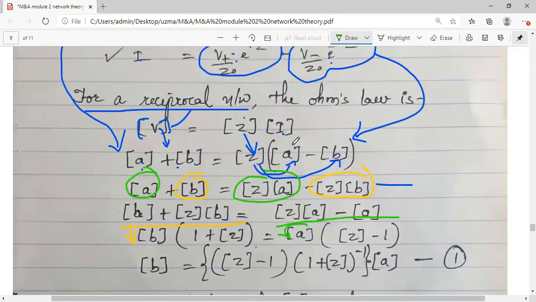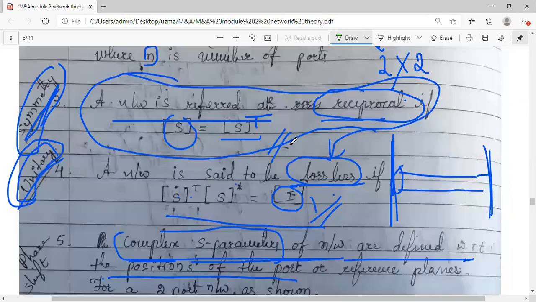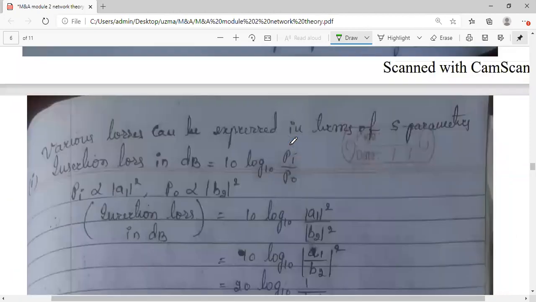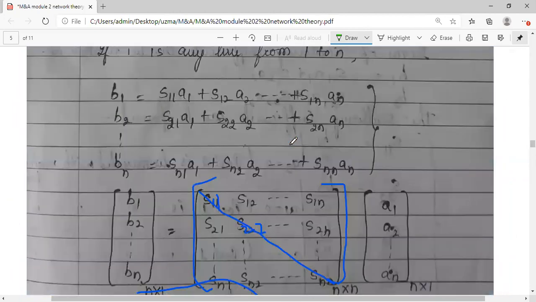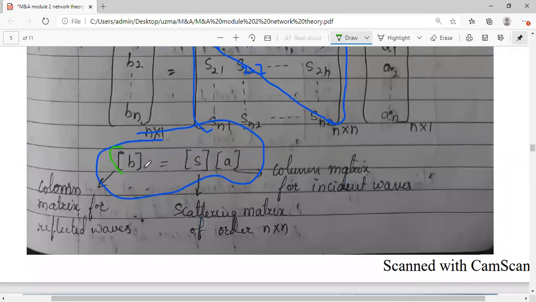Try to remember when we went for S matrix representation for a multi-port network, how we got the final expression: B is equal to S into A. The column matrix for the reflected wave, B, is at the left hand side, and all other terms are at the right hand side.